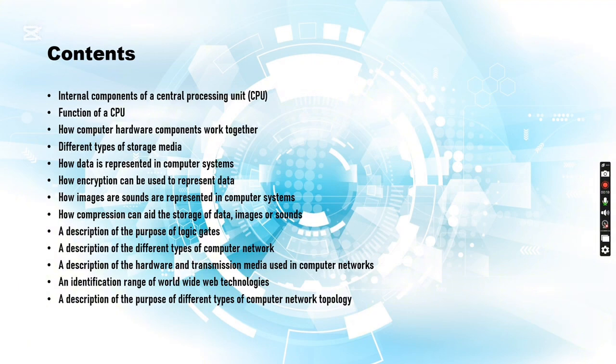Internal components of a central processing unit (CPU), function of a CPU, how computer hardware components work together, different types of storage media, how data is represented in computer systems, how encryption can be used to represent data, how images or sounds are represented in computer systems, how compression can aid the storage of data, images or sounds, a description of the purpose of logic gates, a description of the different types of computer network, a description of the hardware and transmission media used in computer networks, an identification range of World Wide Web technologies, a description of the purpose of different types of computer network topology.